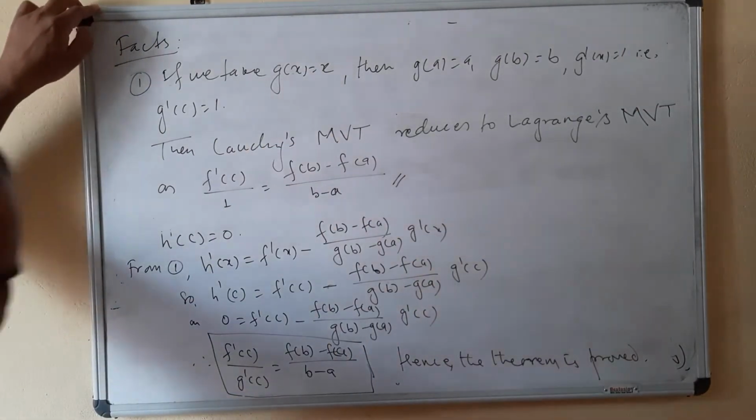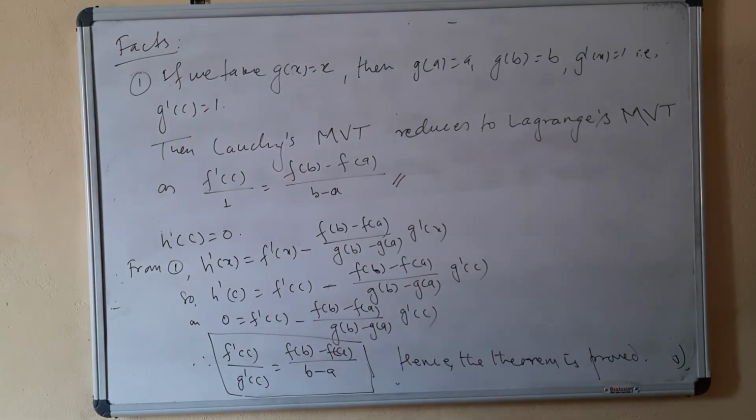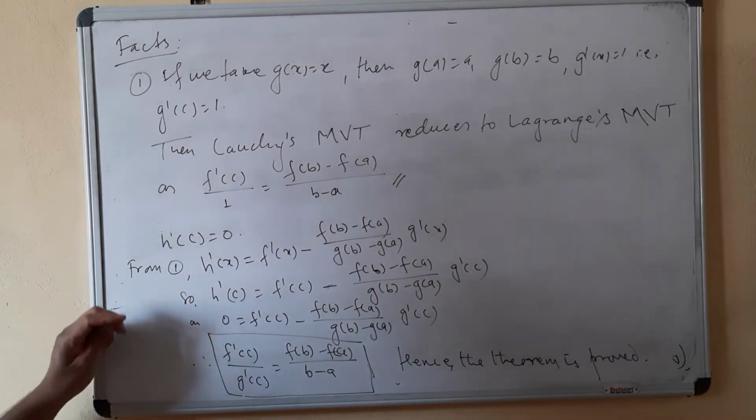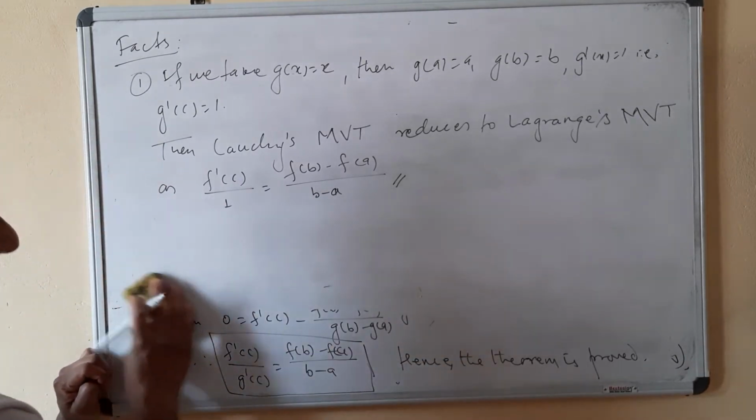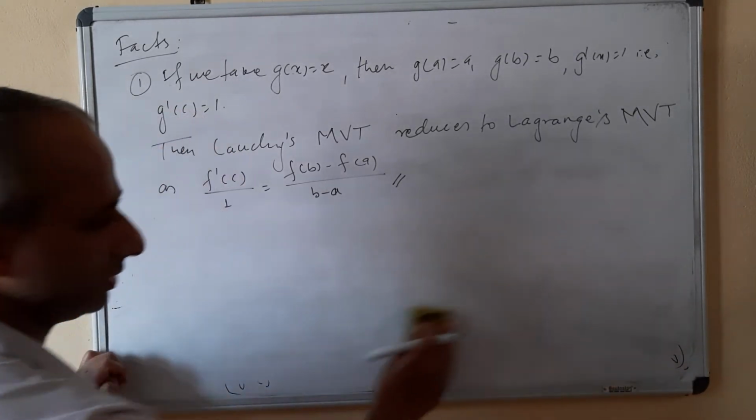This is the first fact. That means if g(x) is the identity function in Cauchy's mean value theorem, then this will lead us to Lagrange's mean value theorem.